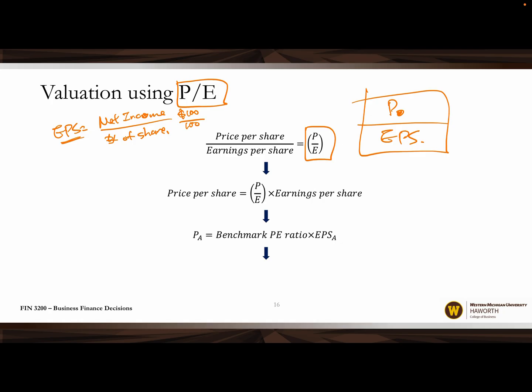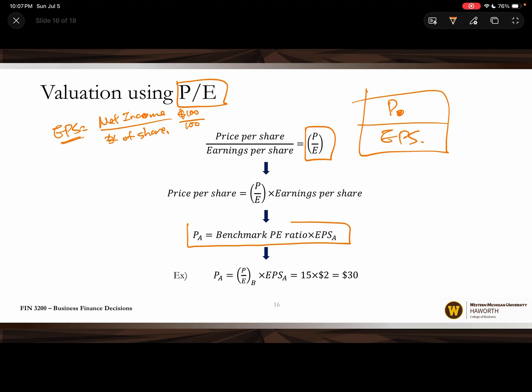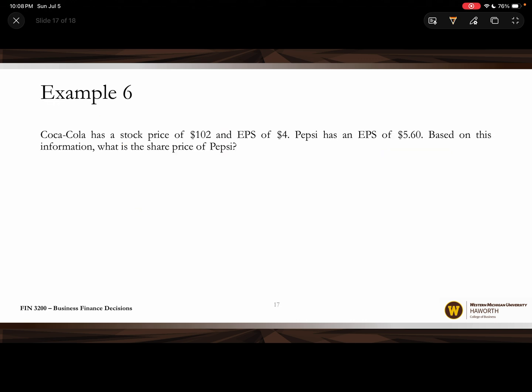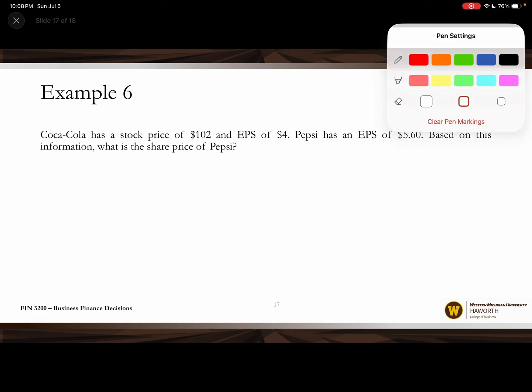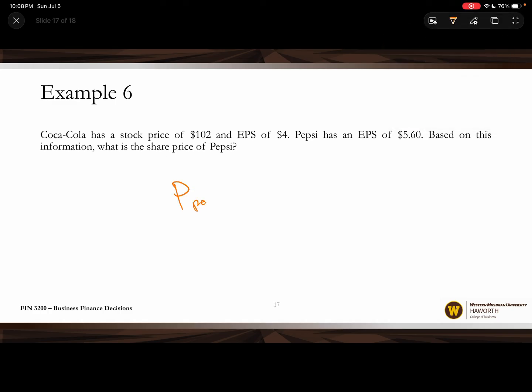If we're trying to value firm A's price, the firm that lacks information, we're going to look at the benchmark's PE ratio. In the example you'll see later, we're trying to get the share price of Pepsi, assuming that it doesn't have information.